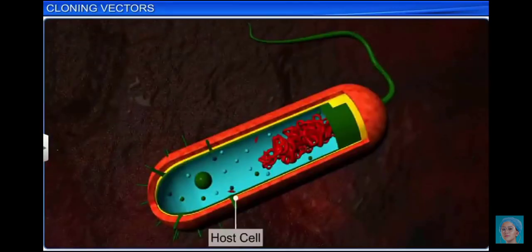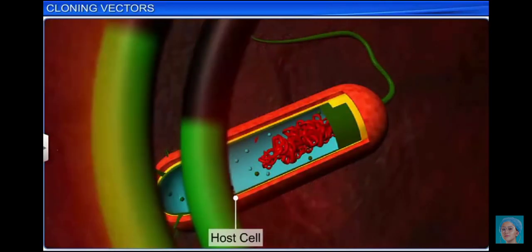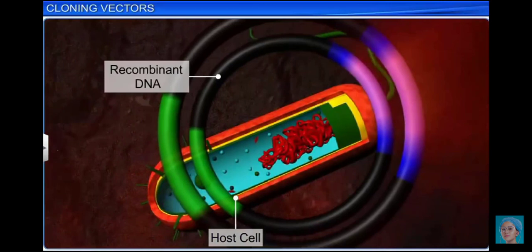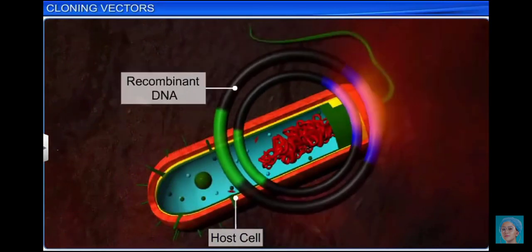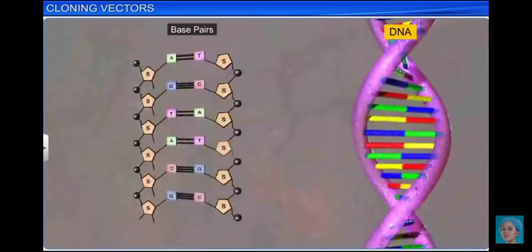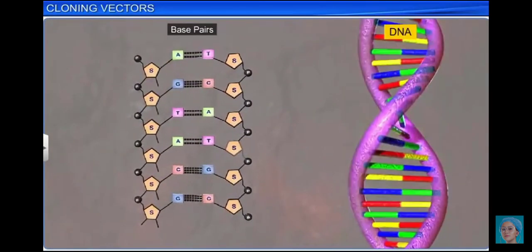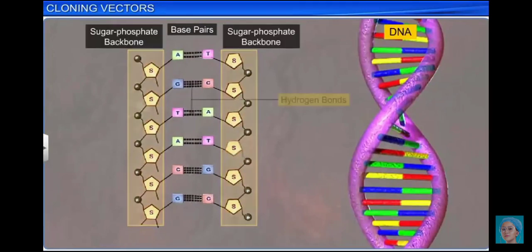Once we have obtained the recombinant DNA molecule using a cloning vector, another challenge is introducing this recombinant DNA in the host cells. In DNA, the deoxyribose sugar and the phosphates are hydrophilic in nature, therefore, cannot pass through the cell membranes.